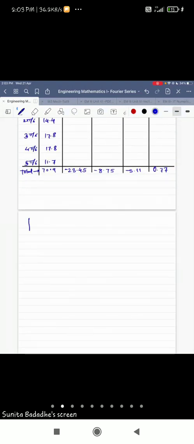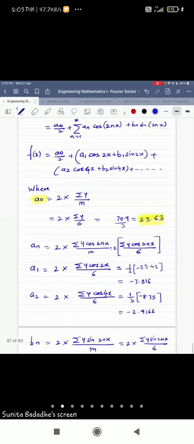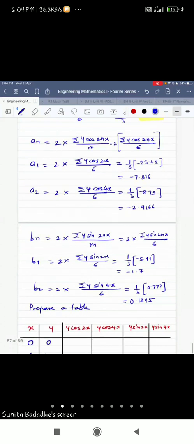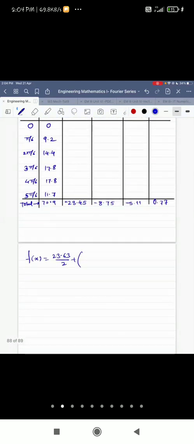So your f(x) is a naught by 2. What was a naught? 23.63 by 2 plus a1. A1 is minus 7.816 into cos 2x.